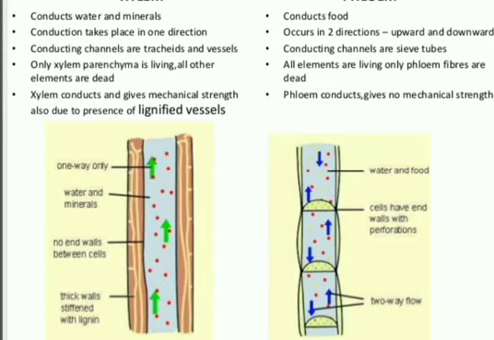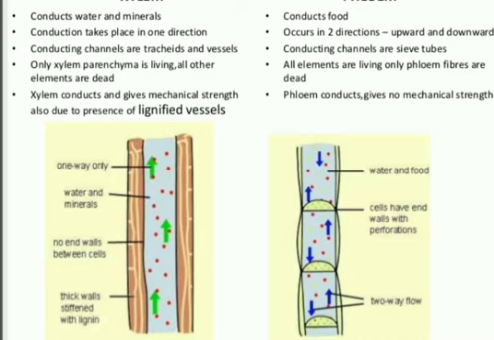You can see some differences between xylem and phloem. Xylem is used for conduction of water and minerals, whereas phloem conducts food. Xylem moves in one direction only, always vertically upward, whereas phloem moves in both directions, upward as well as downward.